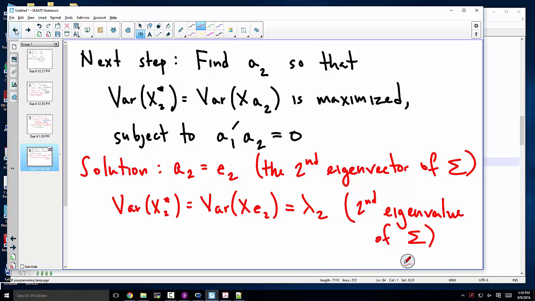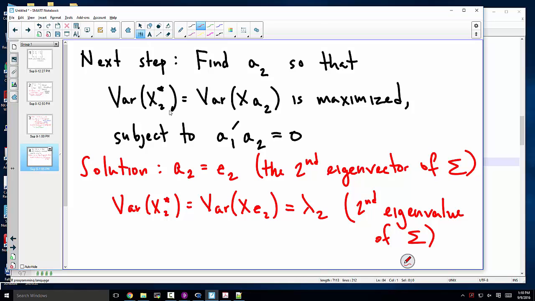And you could keep going. If you have p variables, there's p eigenvalue eigenvector pairs. Typically, we want to go from p down to much smaller than p, 2 or 3.